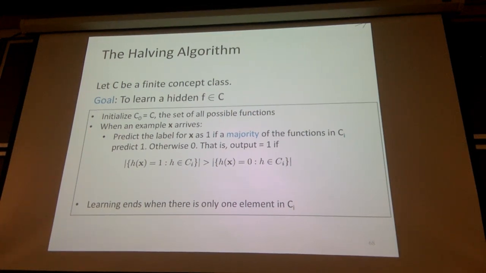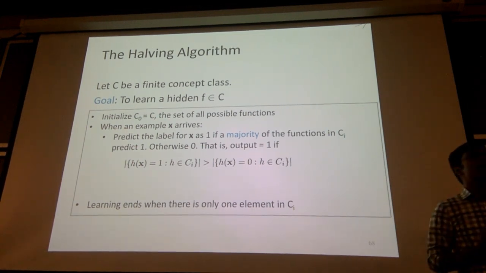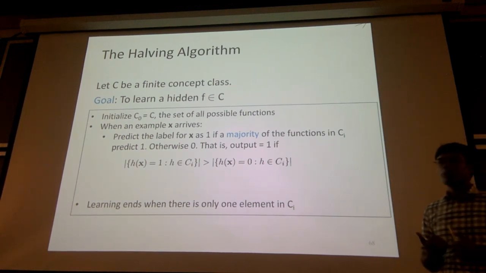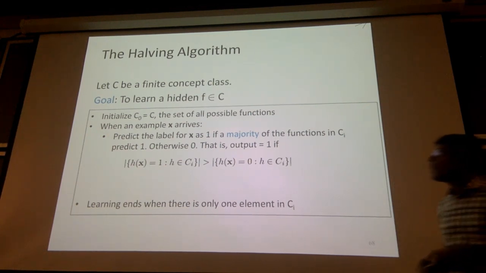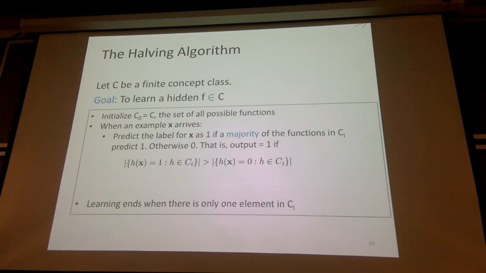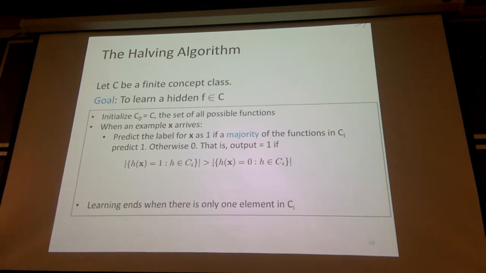We've already decided that it maintains a set of functions. Another thing you need to decide is how the algorithm makes a prediction when a new example shows up. And the third thing is how the algorithm updates its internal representation when it makes a mistake. So we have decided the initialization and what representation is maintained. It's a set of functions.